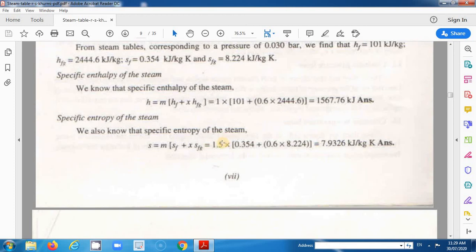When we put the values, 1.5 into bracket 0.354 plus 0.6 into 8.224, the final answer comes to 7.9326 kilojoules per kg. When we multiply by a mass other than 1 kg, the answer is in kilojoules.